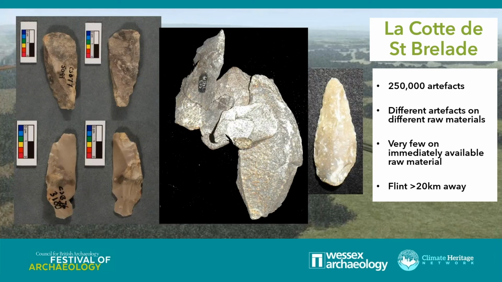Now, in terms of the archaeology as a whole, there are over 250,000 artifacts which have been excavated from these early Middle Paleolithic deposits at La Cotte. One of the interesting things about these lithics is they're on different raw materials. So there are different kinds of stone which have been used to produce the artifacts, very few of which are on raw material sources local to the site.